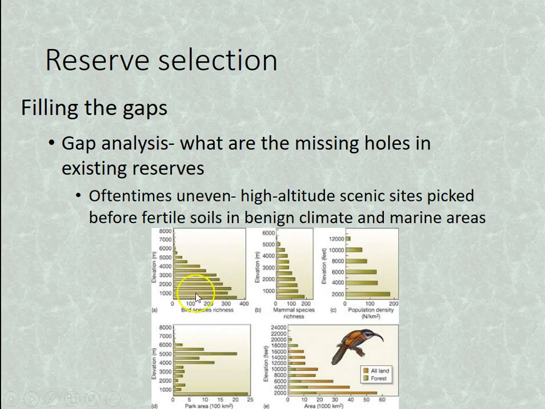So what we have here is we're looking at, in each of these, the dependent variable is the elevation of a mountain, and then the x variable, the independent, is bird species richness, mammal richness, human population, the amount of park area that they have, and the area total, looking at all land versus forest. Okay. So if you look here, we see a lot more species richness where humans like to live. So we would probably want to put more reserves there.